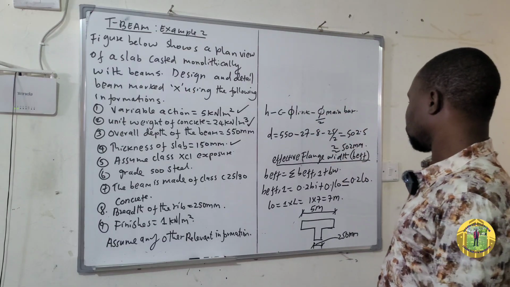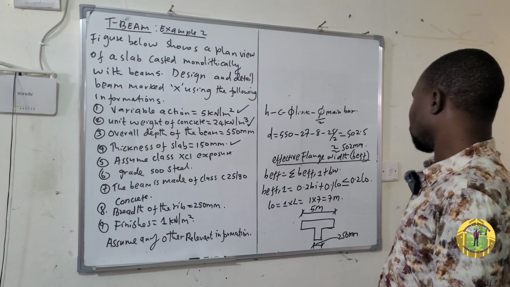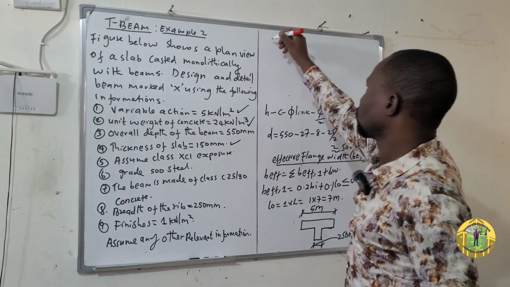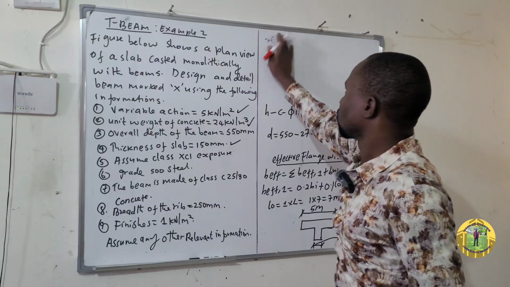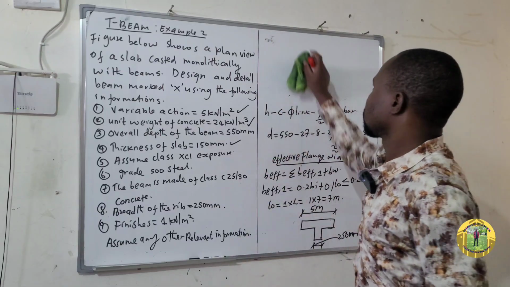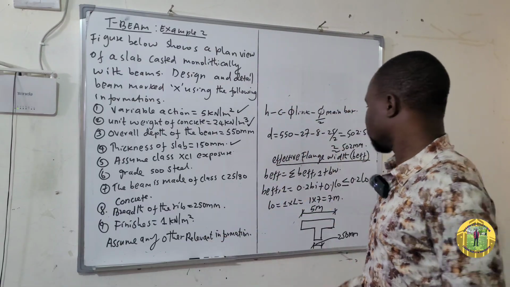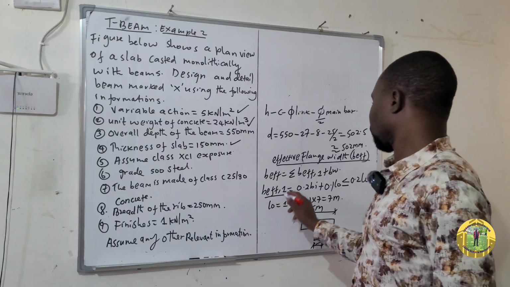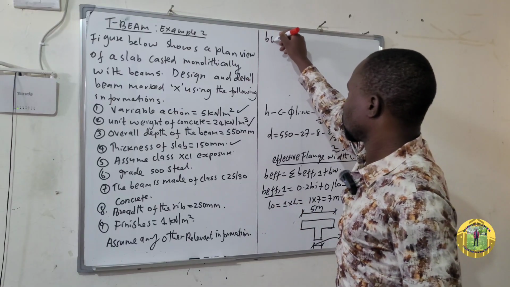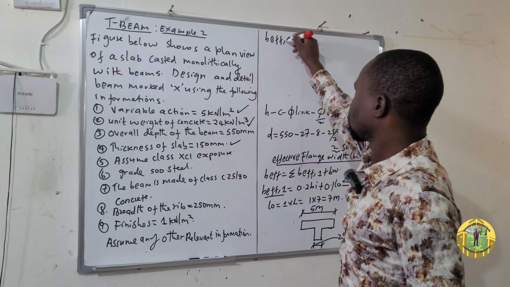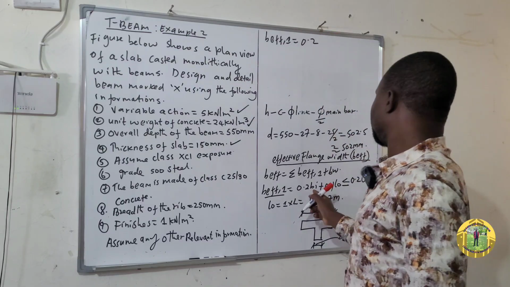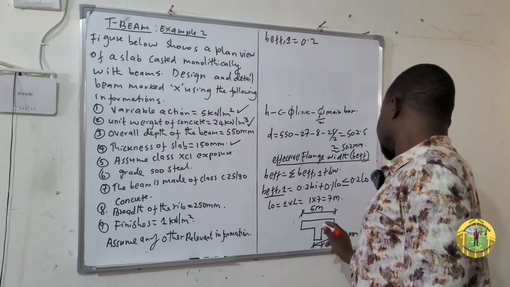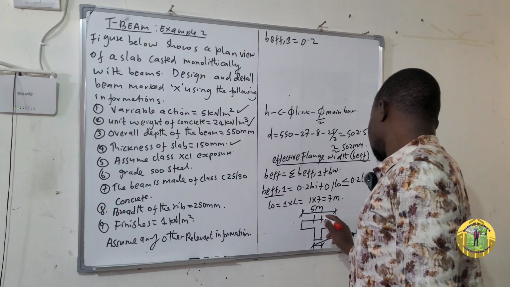So we continue. So 0.2, or you calculate direct, so B effective 1 is equal to 0.2 B1, where B1 is this distance divided by 2.